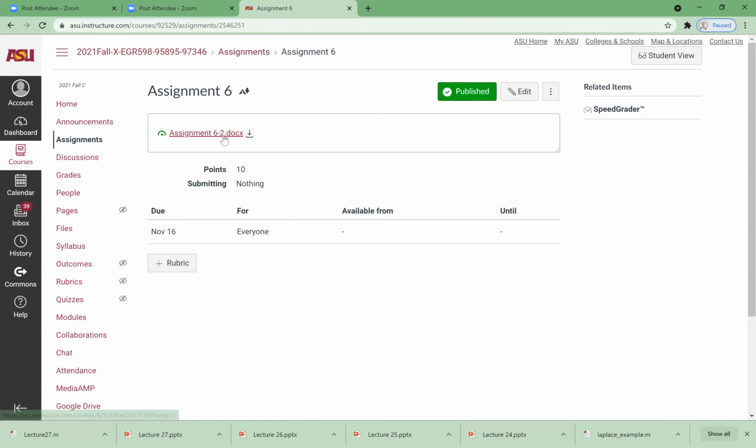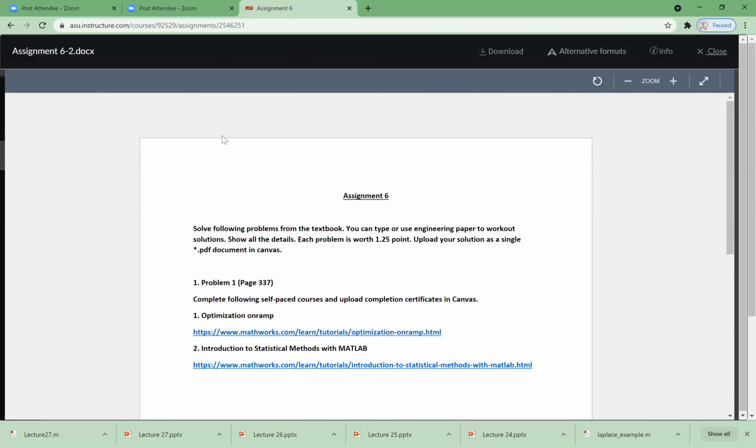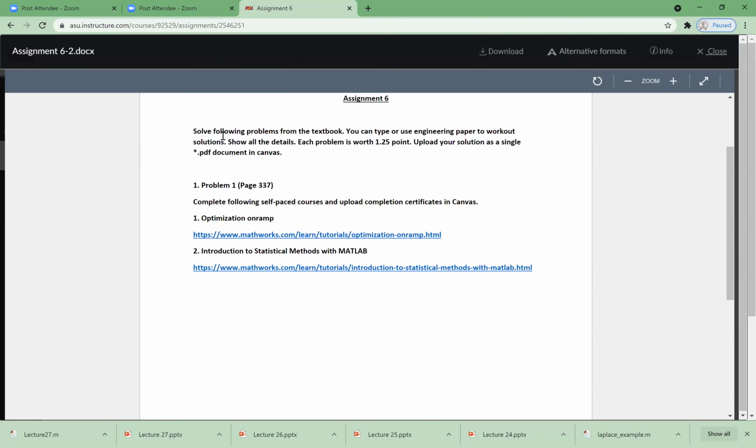So assignment number 6, again, by the time we would have discussed the theory behind optimization, what I want you to do is the optimization on-ramp. And by the time you would have finished basic statistics and randomized linear algebra, I want you to complete the course on statistical methods with Matlab.